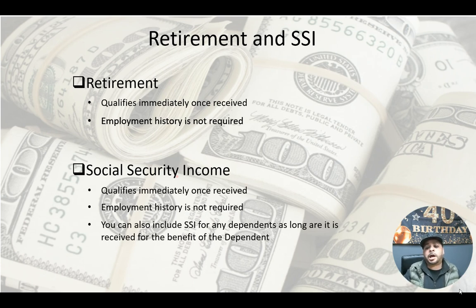So if you have a child or an adult dependent who is on Social Security, if they are your dependent, so if you're filing taxes and they are a dependent of yours, and the awards letter is made out to you, the applicant, for the benefit of the dependent on the awards letter, then you are allowed to include that as qualifying income on your application.